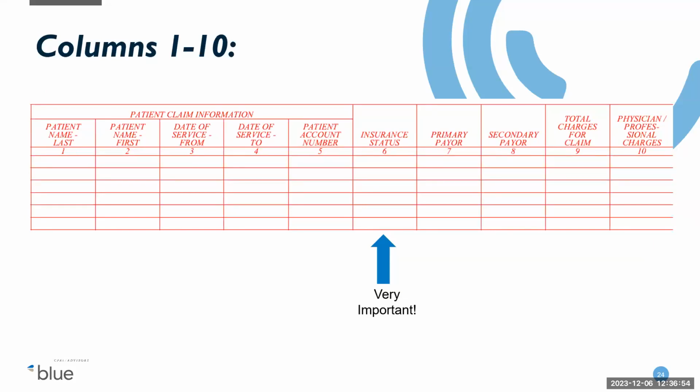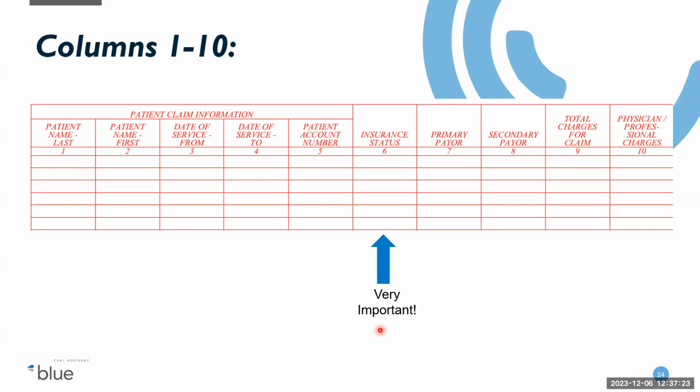Okay, so columns 1 through 10, there's not a ton different here. Obviously those first 5 columns are just your basic patient demographic data. The big change here is this insurance status. Historically, if you've been a part of the audits, you've just had to say something was insured or uninsured, using that exact language. Now they want you to put a number, so there are 3 options instead of 2.